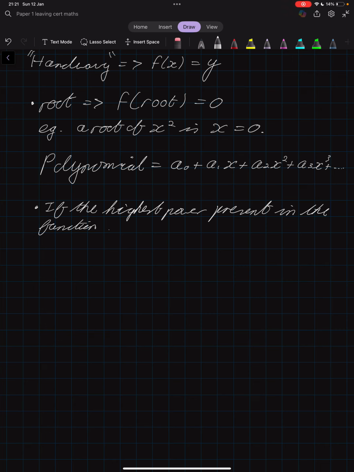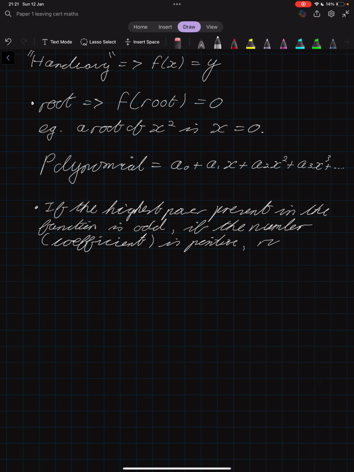So if it's odd, then if the number, which is called the coefficient, is positive, then the right arm points up.